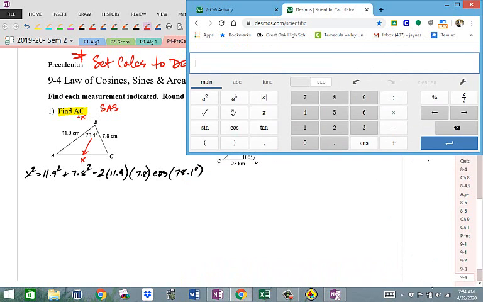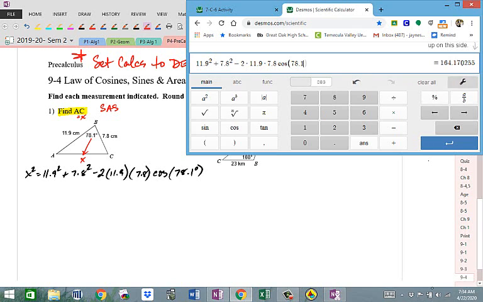Okay, so 11.9, you have to input it correctly here, squared, plus 7.8 squared, minus 2 times the 11.9 times the 7.8 times the cosine of the included angle, 78.1 degrees. And notice the calculator is set in degrees.